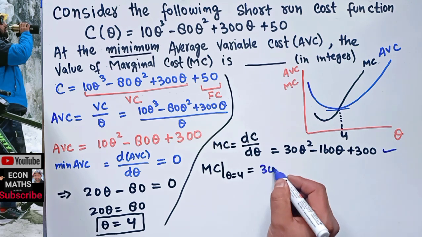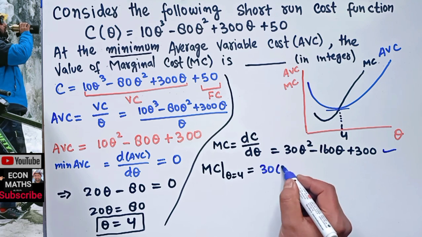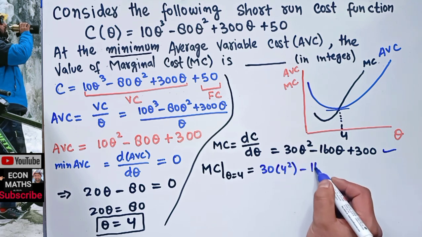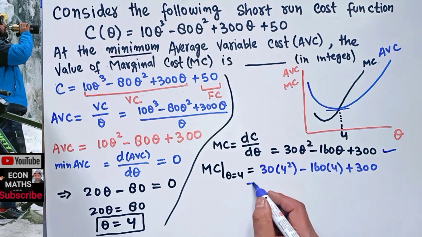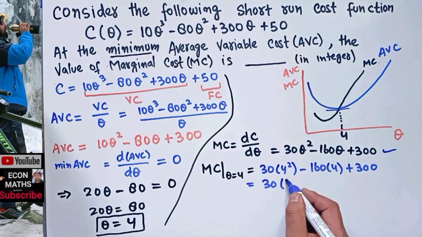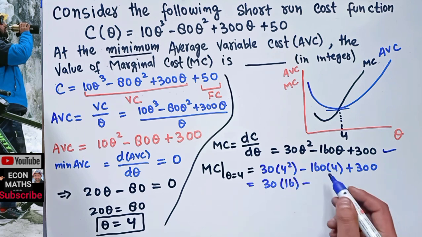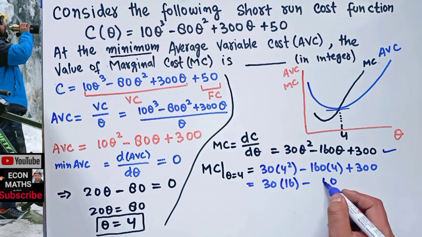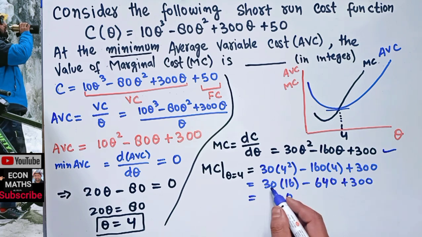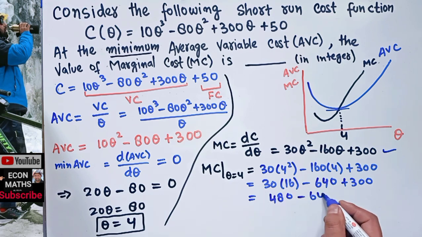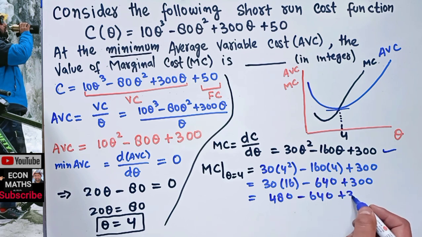That is, we have 30 into 4 square, minus 160 into 4, plus 300. So this is 30 into 16, which is 480, minus 640 plus 300.